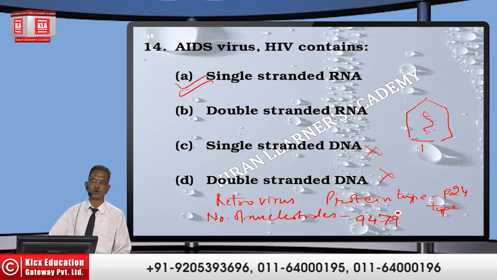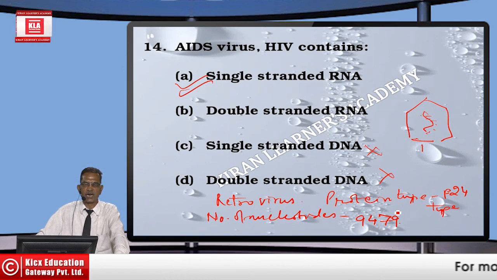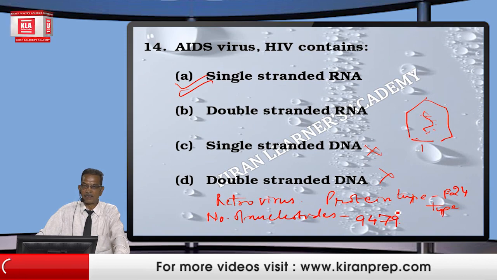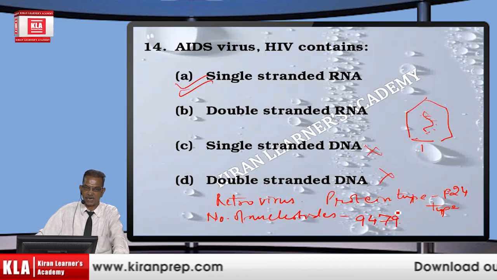That is the total number of nucleotides in the RNA of HIV, right? And this HIV is the one that causes AIDS. And the RNA nuclear material is single-stranded.